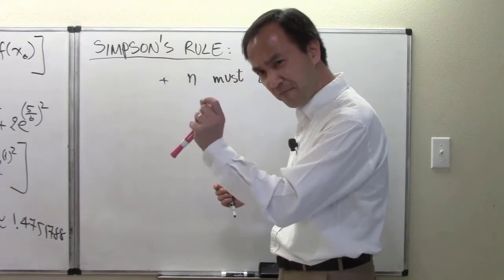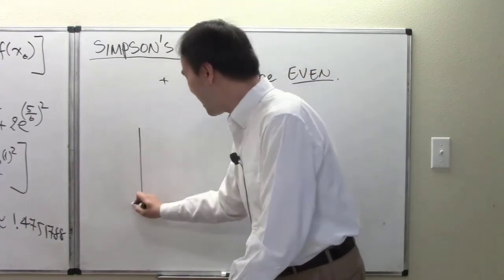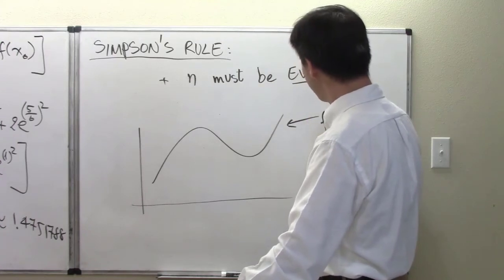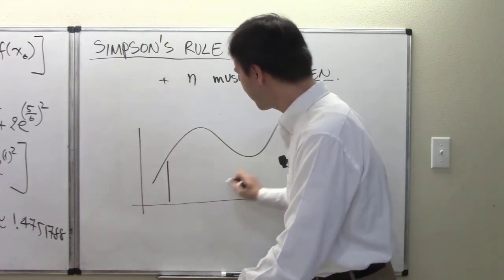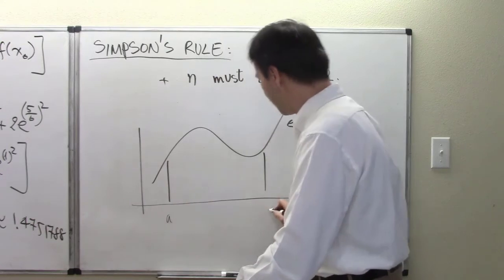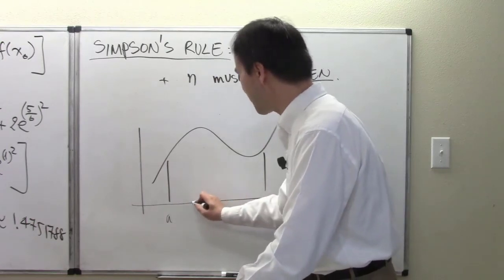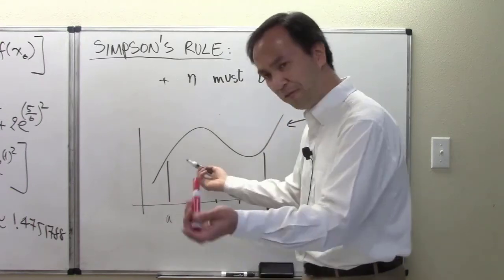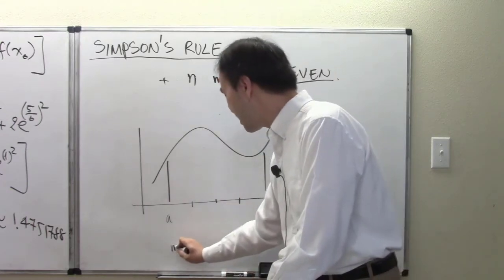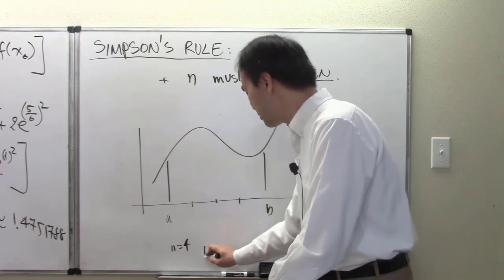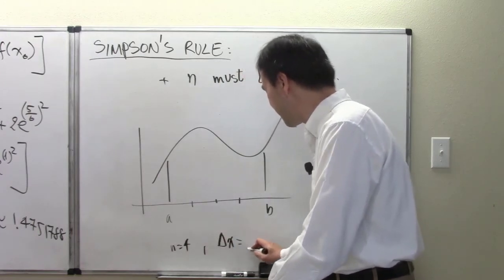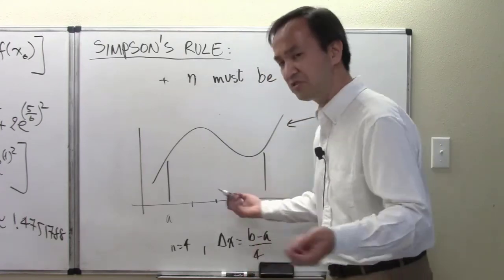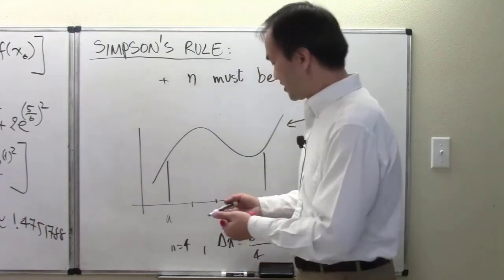So the same fundamentals as earlier: we have a function f of x with a curve drawn on the board here, and we have an interval from a to b. We're going to break our interval into, and now we strictly require only an even number of subintervals, so 4 is a good place. Let's say n equals 4. Each delta x is (b minus a) over 4, or n in general.